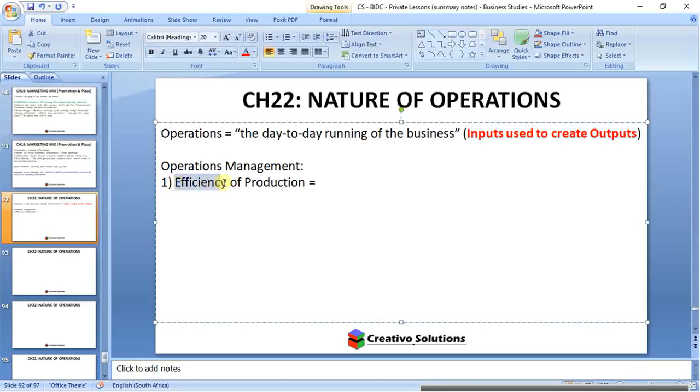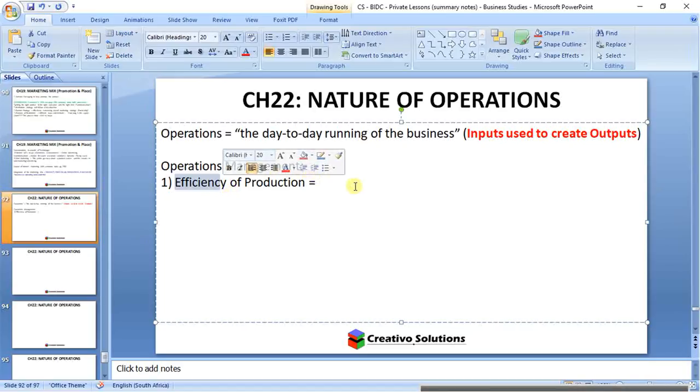Efficient means I take 1 hour to take flour, milk, and other ingredients to make a cake. Okay, that's efficient. Someone who's inefficient takes the same milk and flour and other ingredients, but they take 2 hours to produce the same cake. Right, that's efficiency.